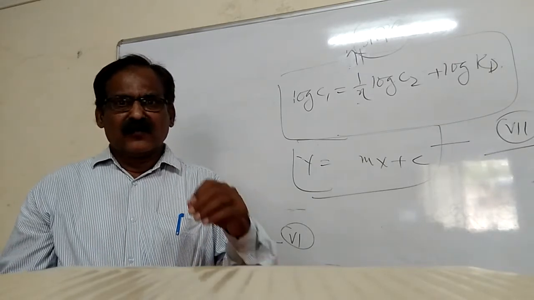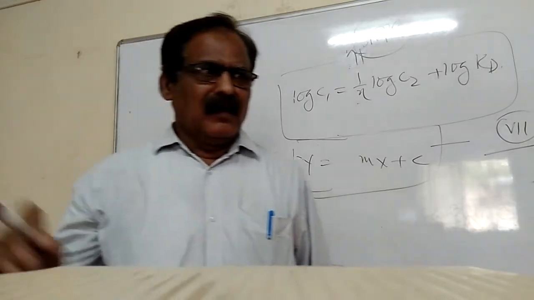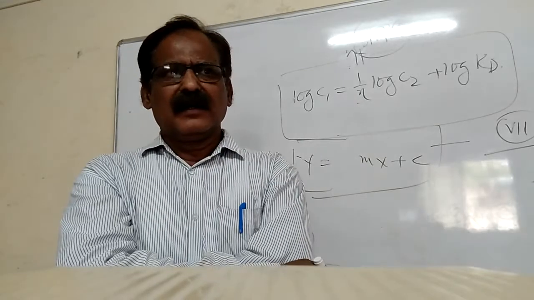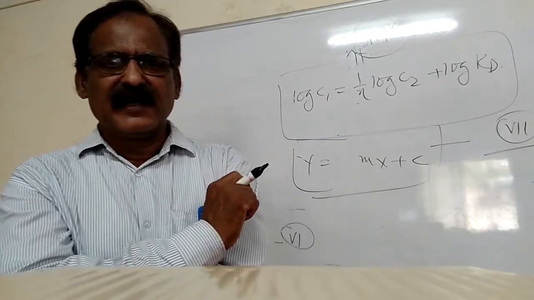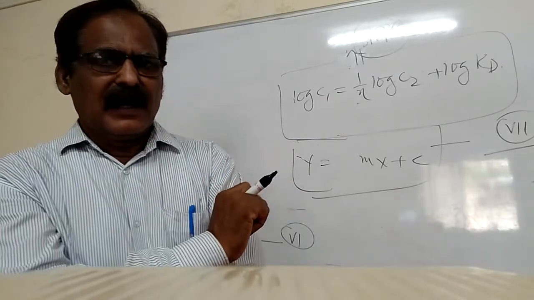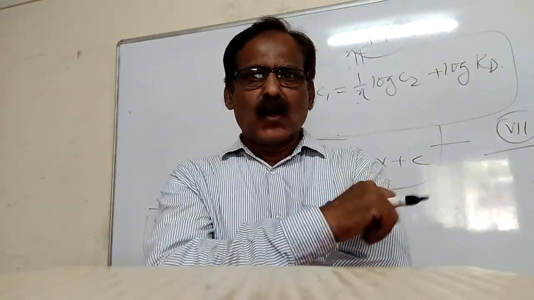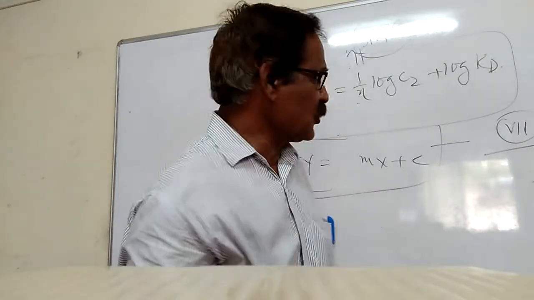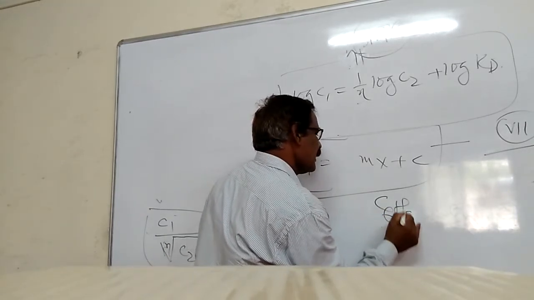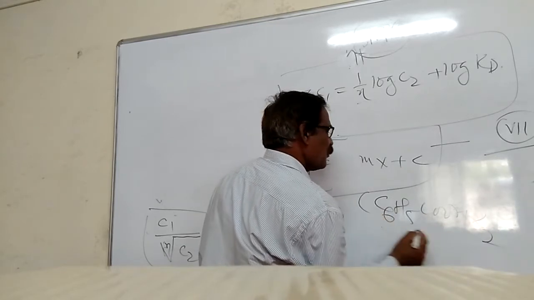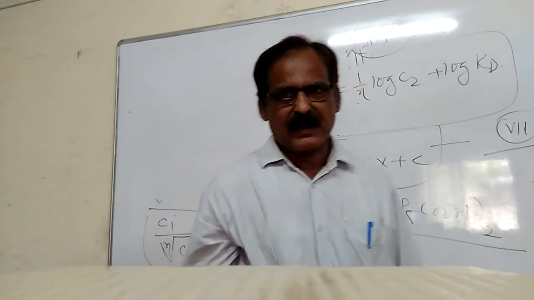And the best example with which we can understand this association of a solute in one of the solvents is the distribution of benzoic acid between benzene and water. Here we will find that when benzoic acid goes into benzene, it undergoes association, and two molecules of benzoic acid, C6H5COOH, come together and form an associated species known as a dimer.